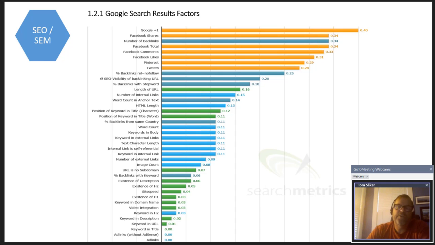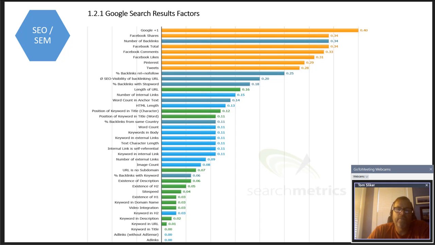But I wanted to show you this, which I haven't shown you before, which is factors that Google considers in ranking. Now, this was reverse engineered. This was not published by Google, but somebody went through and did a study and looked at how different things impact your search ranking. And at the top of the list is Google Plus.